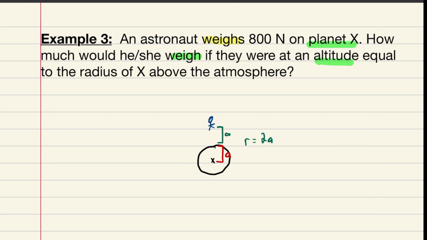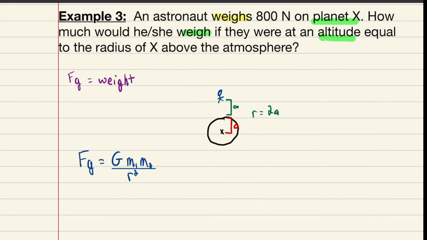Well, remember that the formula is as follows. Since distance is mentioned, we know that we're going to use the universal law of gravitation, which accounts for the distance between the two masses. Another thing that's going to help us in solving this problem is to remember that the force of gravity, or force of attraction, is equal to the weight.